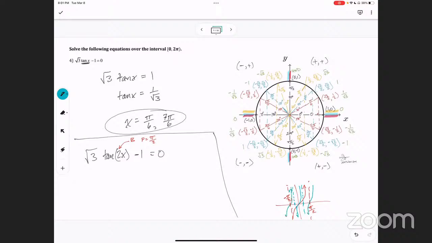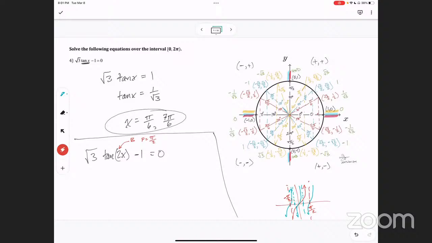So how many answers do I have? How many answers did I have for this problem up here when the period was pi? I had 2 answers, because look, where is the tangent equal to 1 over the square root of 3? Well, 1 over the square root of 3 is like this number, right?